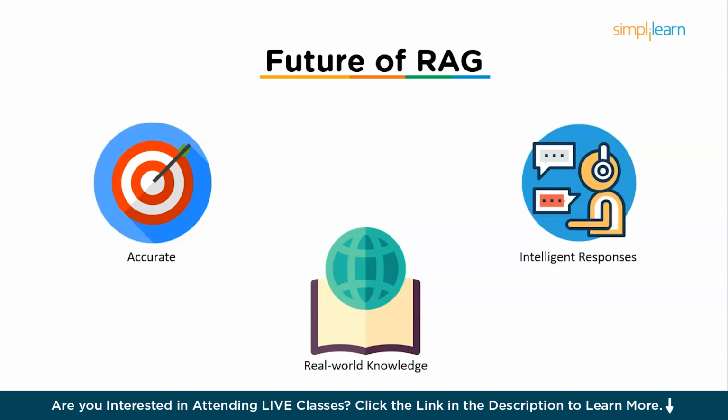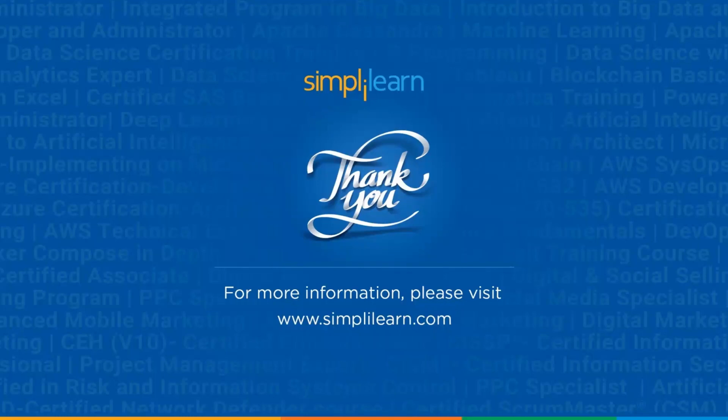From understanding the core components like the query encoder, retriever, re-ranker, knowledge base, and generator to hands-on demos in document loading, chunking, storing with embeddings and vector stores, and building a multi-document agent, you have gained the practical skills to apply RAG effectively. So as you move forward, continue experimenting with your datasets and refining your pipeline to unlock the full potential of RAG in creating smarter, context-aware AI systems. Thank you for watching.